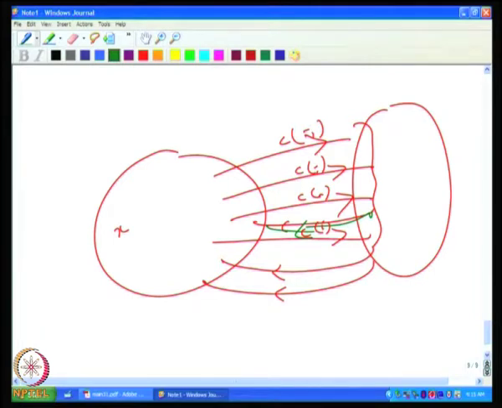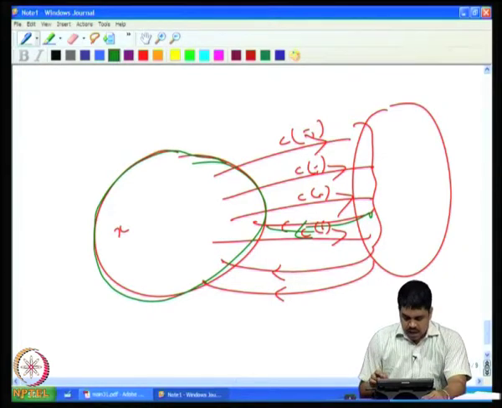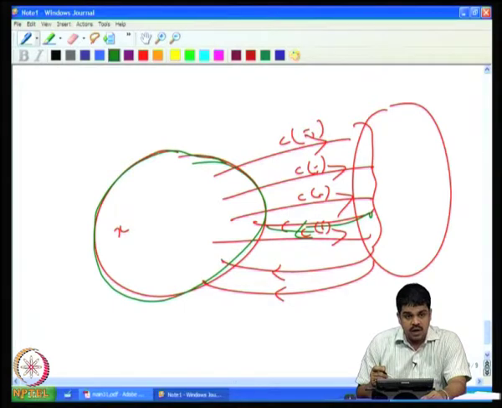Remember, when I say outgoing, we are considering the cut as the part containing the source, and outgoing from the source side to the sink side, that is the direction. And the first and easy observation that we can make is that any feasible flow has to have value less than or equal to the capacity of any cut.